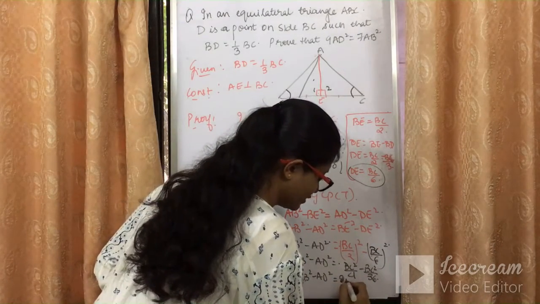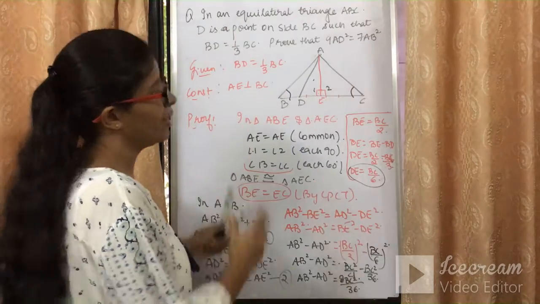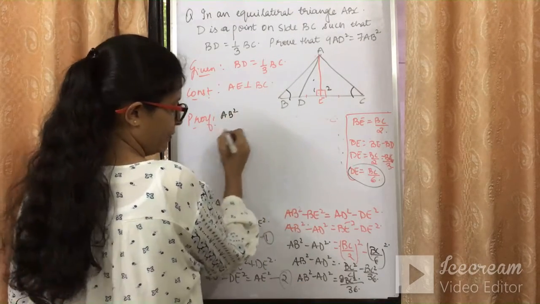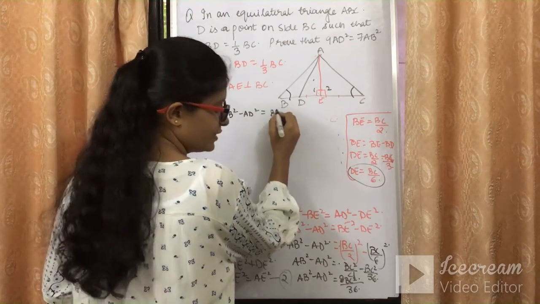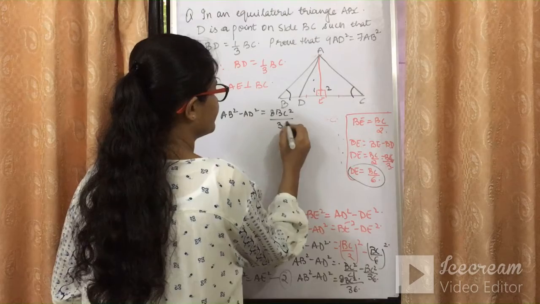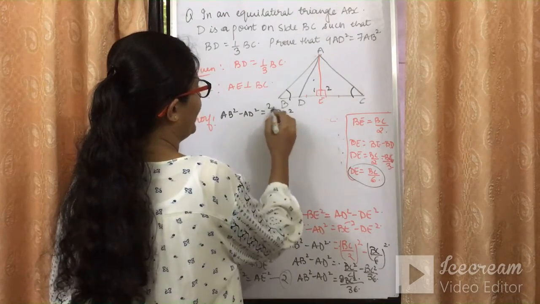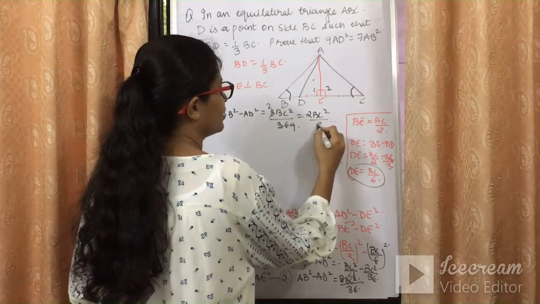It will be 8BC square, so 8BC square upon 36. अभी भी हमारा proof नहीं आया है. Let's have a look. The equation comes out to be AB square minus AD square is equal to 8BC square upon 36. Isn't it? Can we divide it by 4? 2 by 9. So it will be 2BC square upon 9.